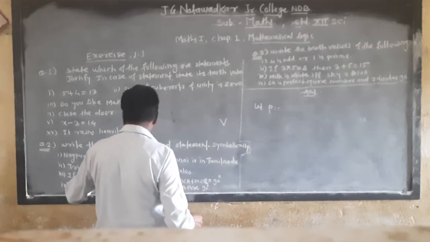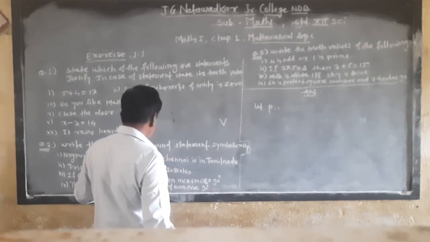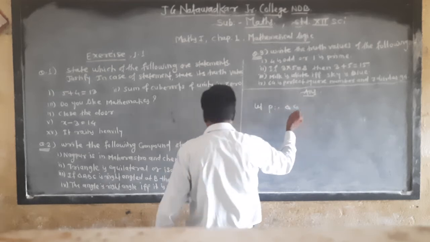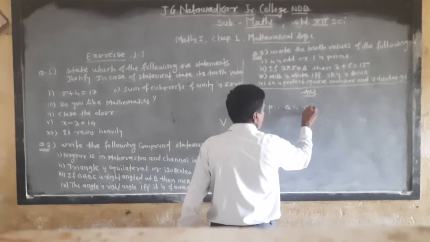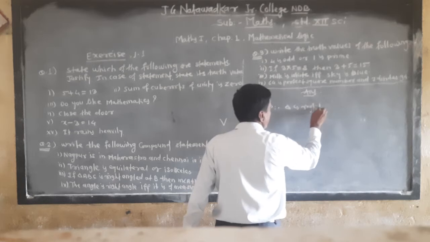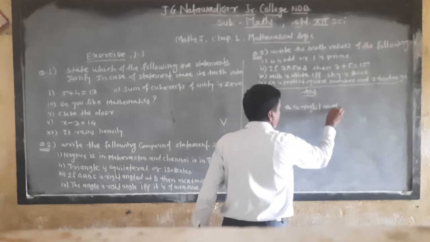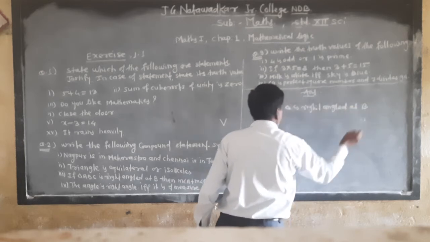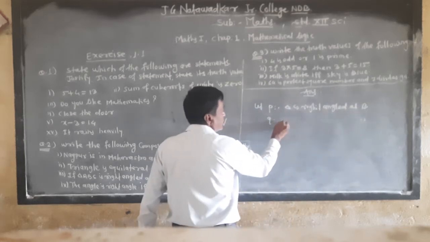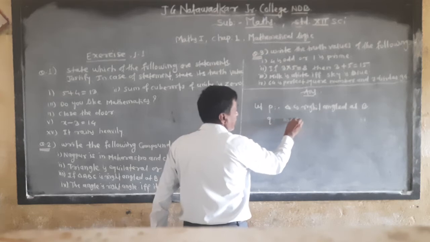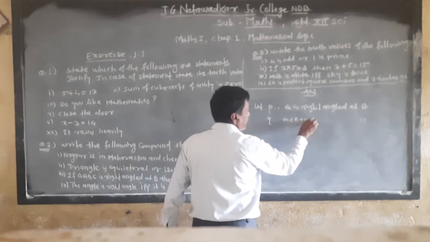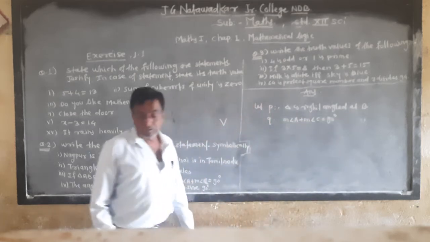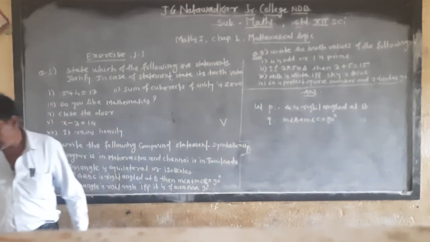P means the triangle is right angled at B. This is the P statement. And for the Q statement, I will consider the measure of angle A plus the measure of angle C is equal to 90. So I consider the two statements P and Q separately.